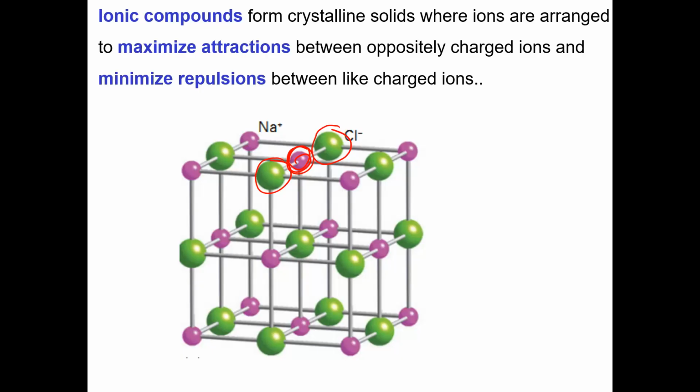And so here you can see two chlorides, and they're quite a way away from one another in comparison to the distance between the sodium and the chloride. So we're going to maximize attractions by keeping the oppositely charged ions close, and we're going to minimize repulsions by keeping those with the same charge further apart.